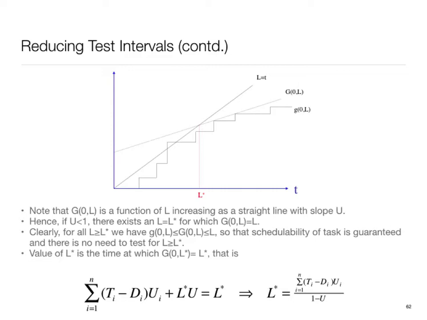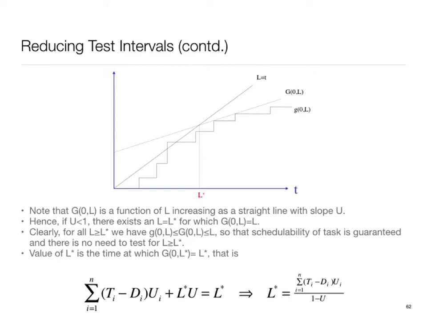So I only need to check until L star, and only at these absolute deadlines. What started out as asking whether little g is less than or equal to L for all L, we simplified into only needing to check until L star. And L star is nothing but the solution to big G equal to L. Even within this, I only need to check at certain deadline points.